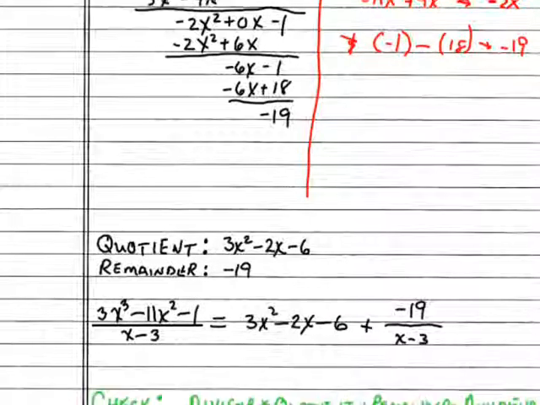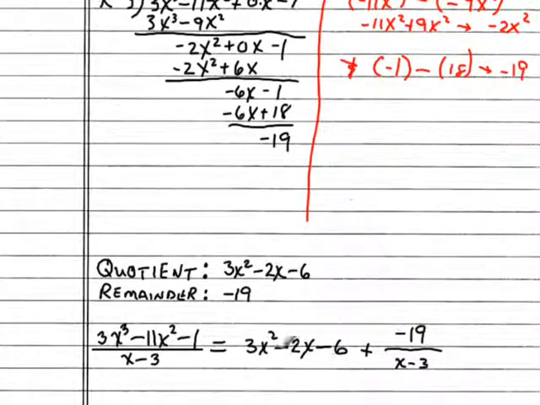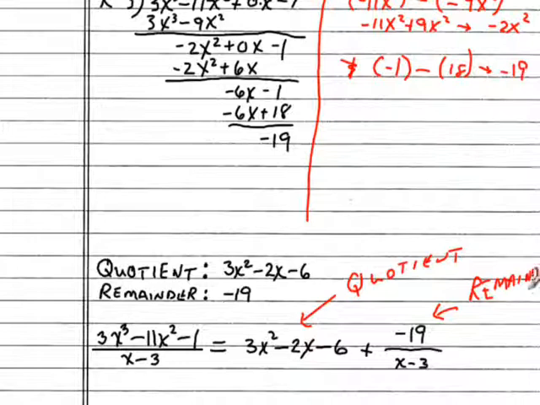And I want to remind you that we had discussed previously that another way to write an answer, other than just quotient and remainder, is we can say that the result is the quotient, plus the remainder, divided by, of course, the divisor right here.